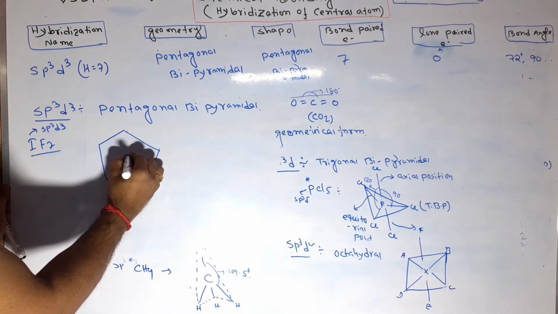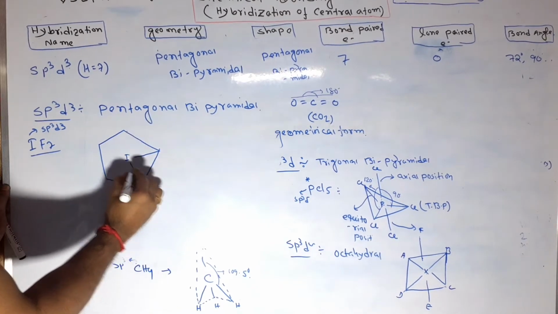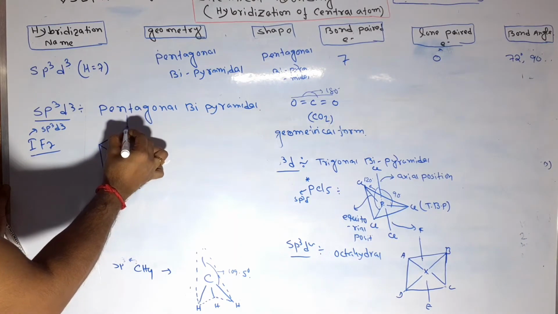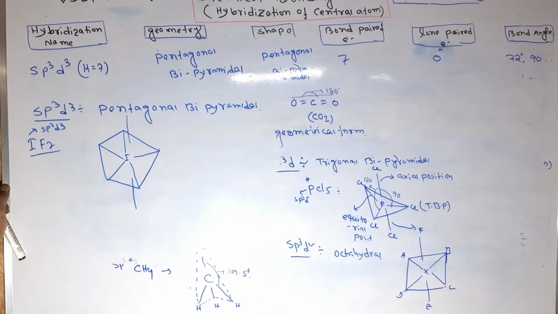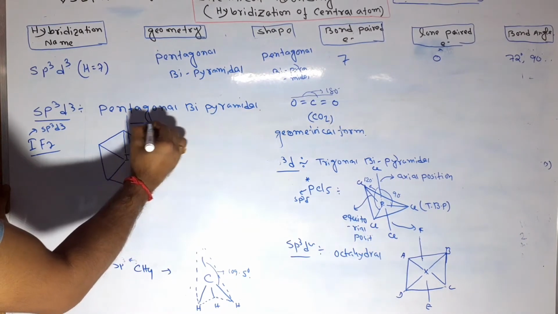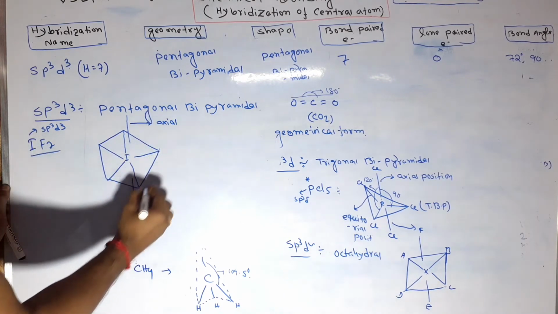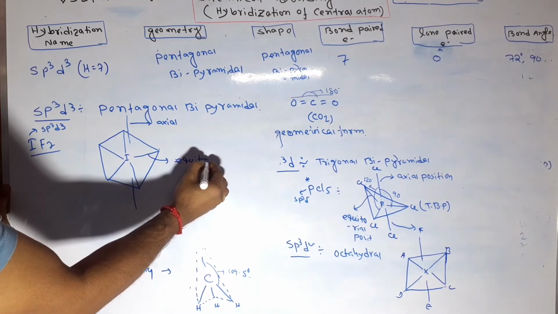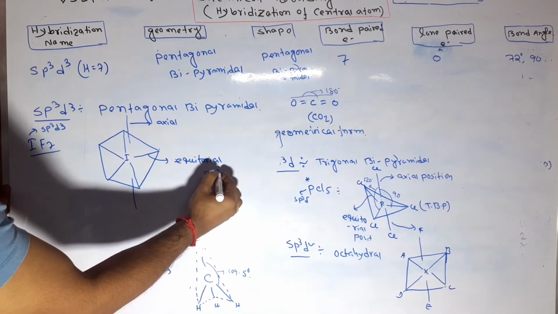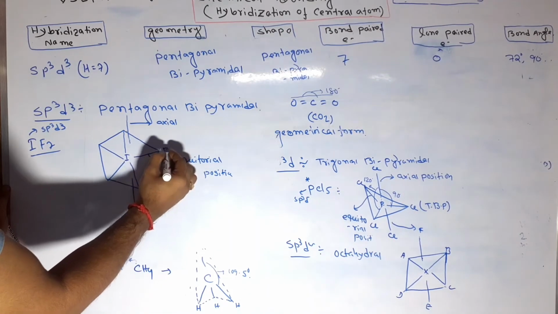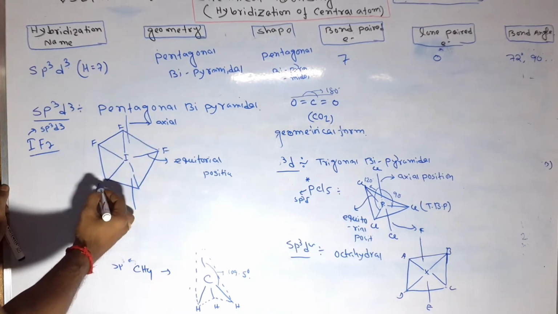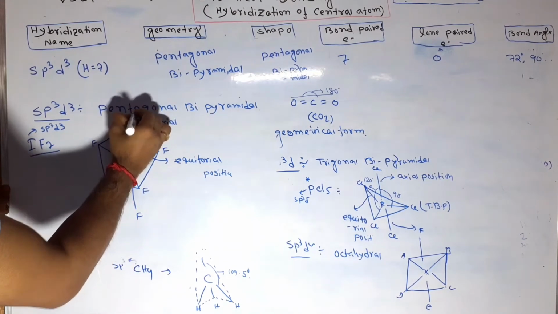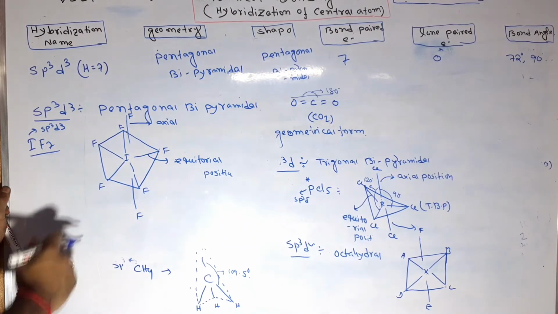The central atom is iodine, and the corner positions are equatorial positions, and the remaining 2 are the upper and lower side, the axial positions. IF7 has 7 surrounding atoms. This is the structure of pentagonal bipyramidal.